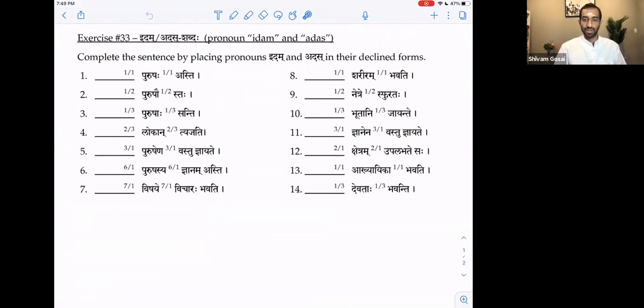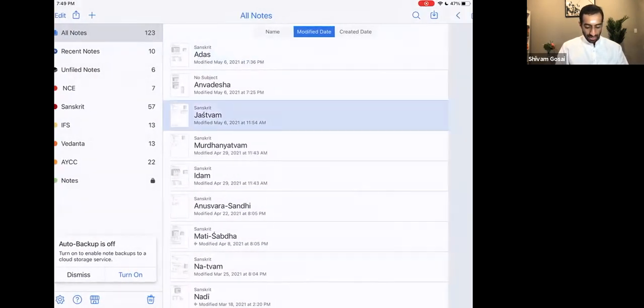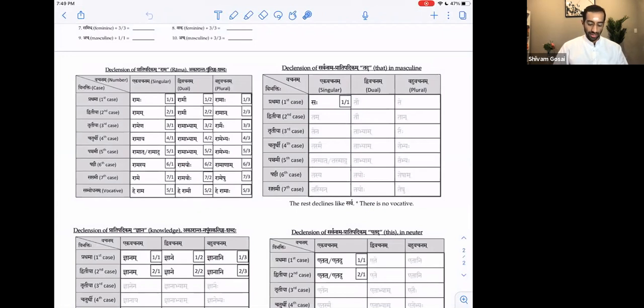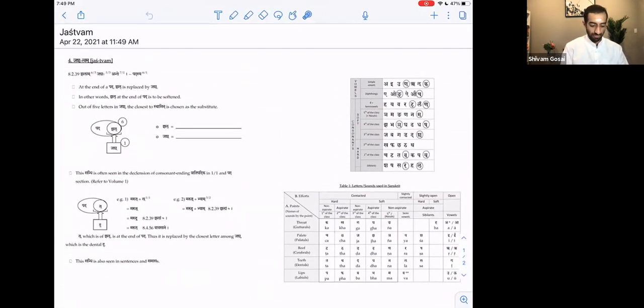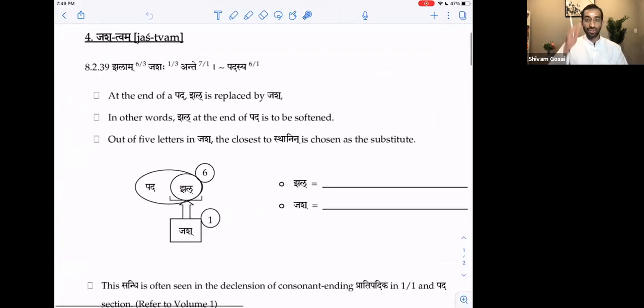Okay. What we're going to do is we're actually going to switch over to our Sandhi book. So if you can grab your Sandhi book. And in your Sandhi book, if you look in the index, you'll see something called jaśtvam. Now there's 2 jaśtvams in the book.